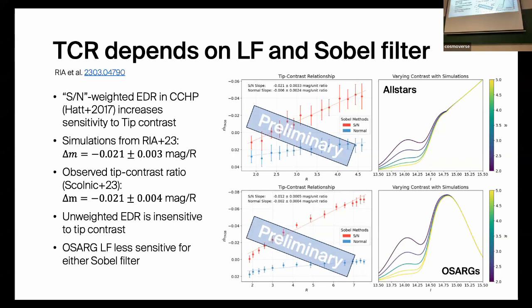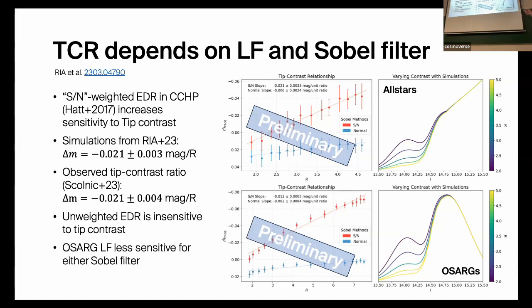So in the red line here, for example, you see the signal to noise weighted edge detection technique versus a normal Sobel filter that does not apply this weighting. This is the magnitude bias, and this is the contrast ratio. You very clearly see that essentially it's this weighting that introduces the tip contrast ratio.